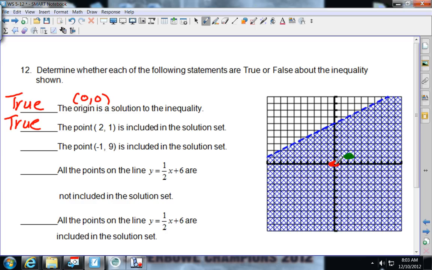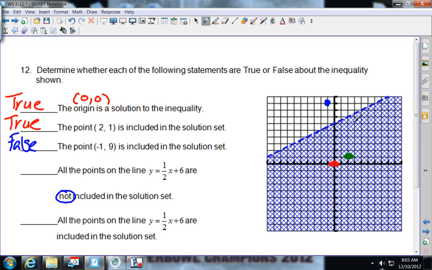-1, 9. Over -1, up 1, 2, 3, 4, 5, 6, 7, 8, 9. Wait, I can't write right. There it is, right there. That is false. It is not in the shaded area. All the points on this line right here are not included in the solution set.